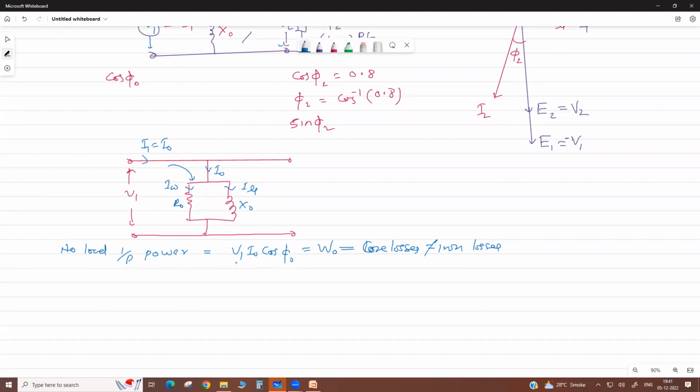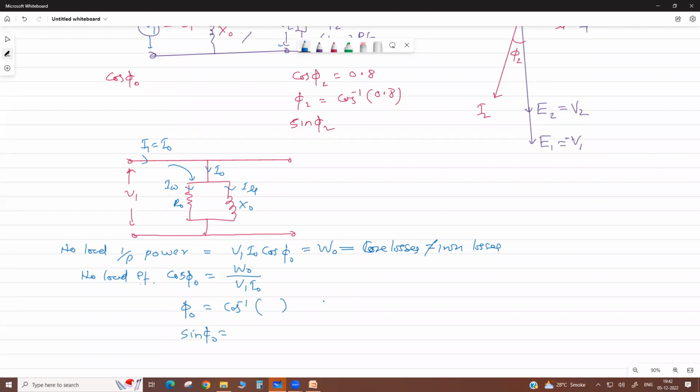So now from this diagram, you can calculate cos phi naught, the no load power factor of the transformer. That is core loss, this no load input power divided by V1 I naught. Or phi naught we can calculate as cos inverse of this. Then sin phi naught we can calculate also.